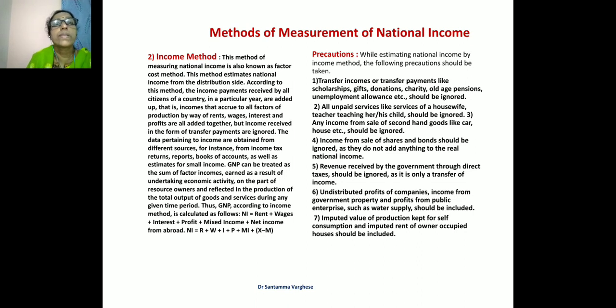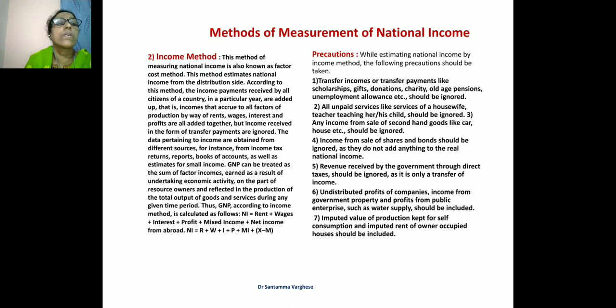According to the method, the income payments received by all citizens of the country in a particular year are added up, that is, income that occurred through the factors of production in the form of rent, wages, interest and profit are taken into consideration while calculating the national income.